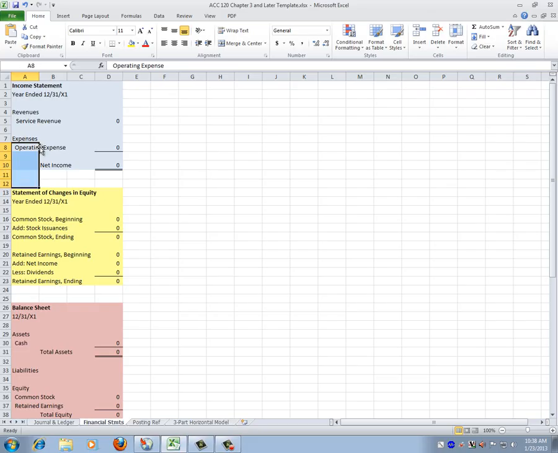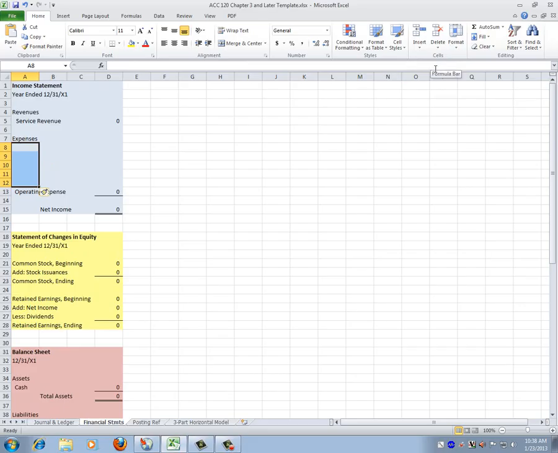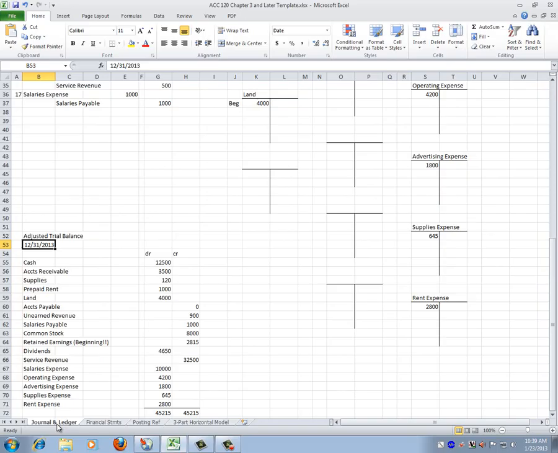We have more expense types than that, so I'm going to go ahead and pre-insert some rows there for some of those other types of expenses like salaries expense and supplies expense and rent expense and advertising expense. We had some of that. Maybe one more.